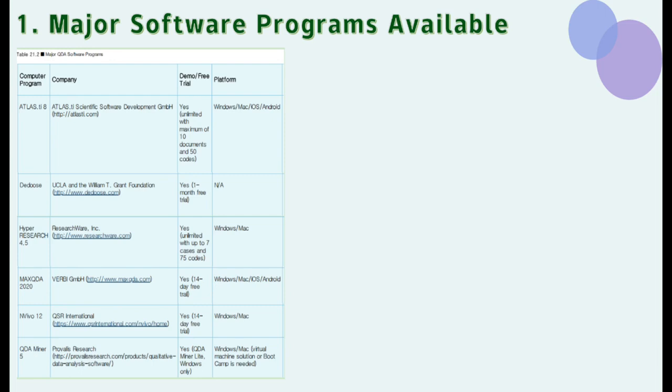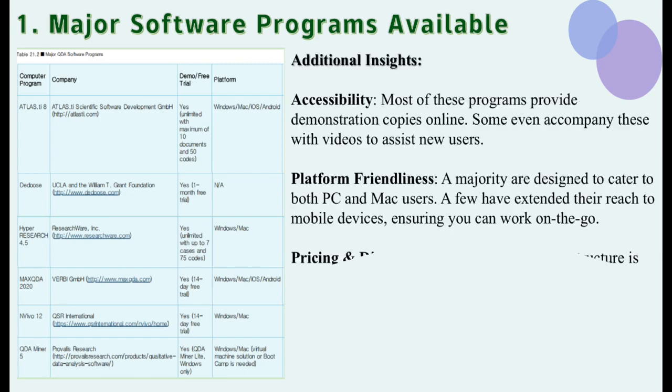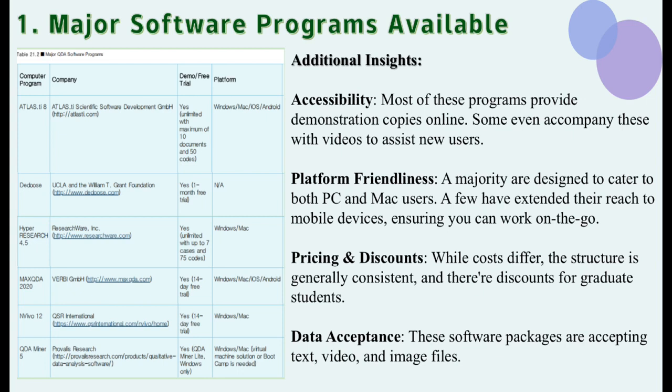As shown in Table 21.2, we can see the additional insights. Accessibility. Most of these programs provide demonstration copies online. Some even accompany these with videos to assist new users. Platform friendliness. A majority are designed to cater to both PC and Mac users. A few have extended their reach to mobile devices, ensuring you can work on the go.